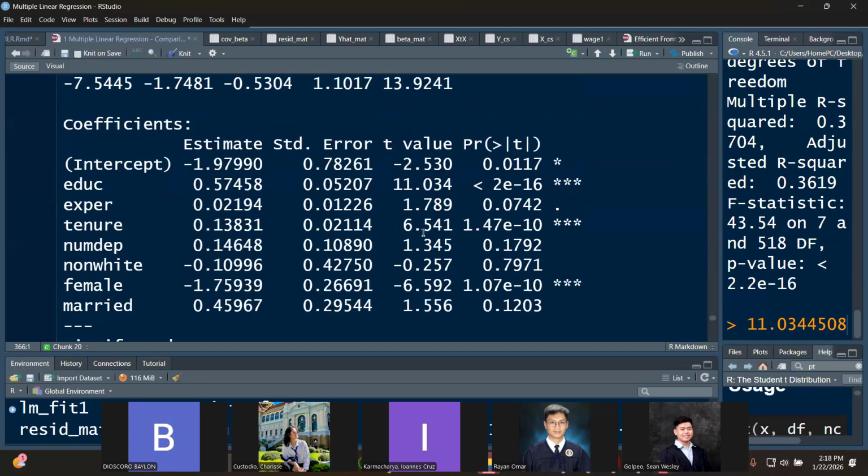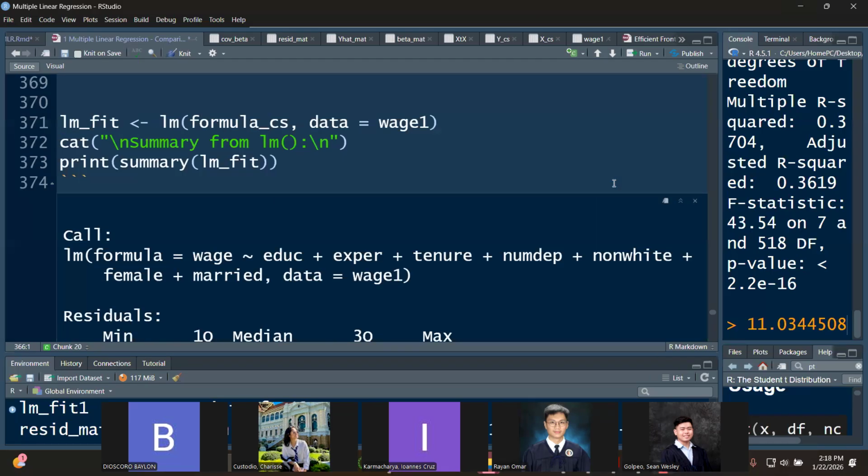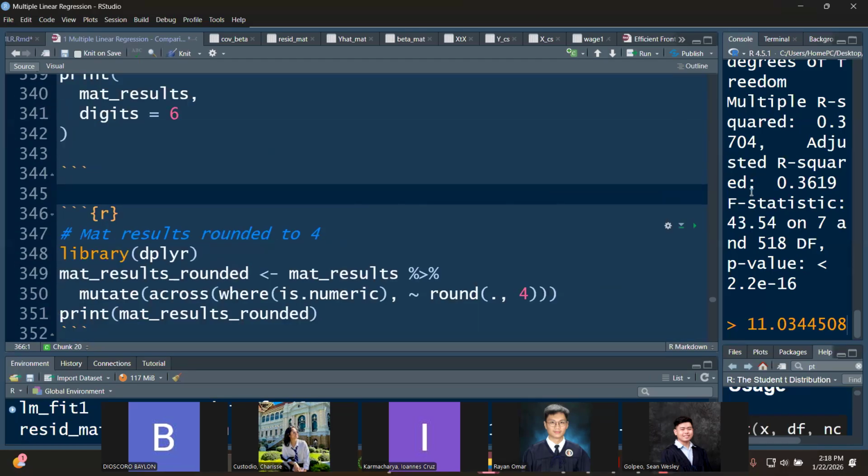Take a look at this, class. This is what we want to do, no? Using the matrix. This is the estimate. Meron na tayo nito. Standard error meron na. T-value meron na rin, class. Itong p-value, class. Tingnan nyo, class, yung sa intercept. 0.0117. Tingnan nga natin kung pareho yung p-value.